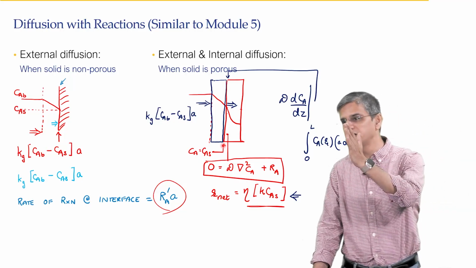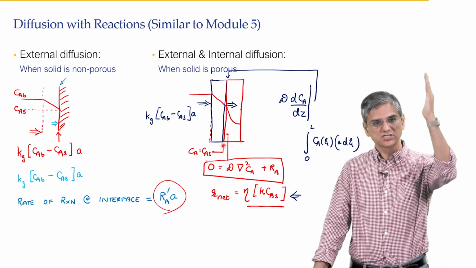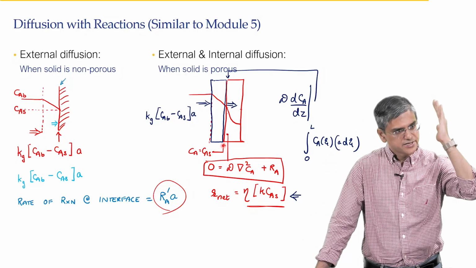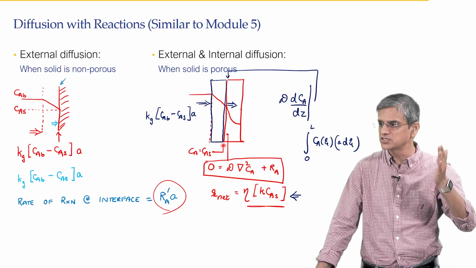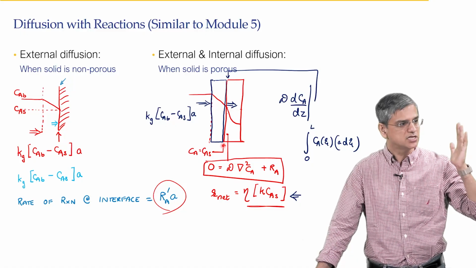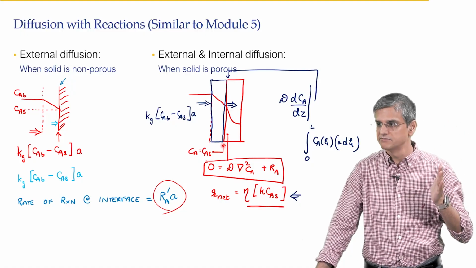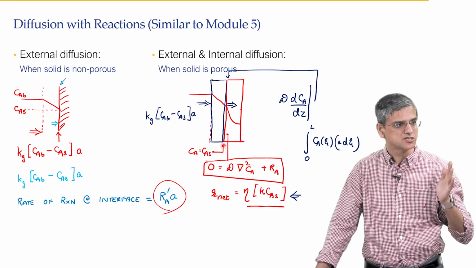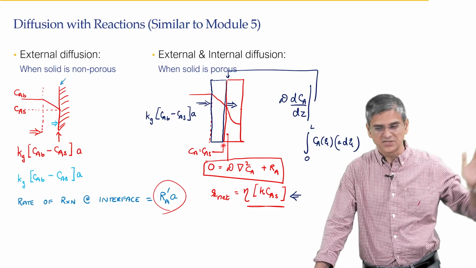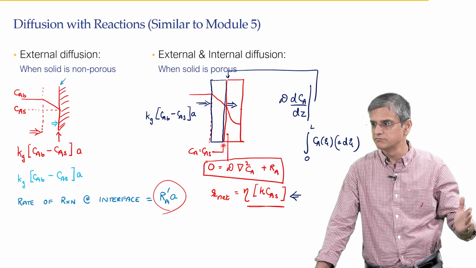How much of A is flowing across the boundary? It's by diffusion, so it's diffusive flux. What is diffusive flux? Diffusivity multiplied by dCA by dZ, Fick's law. That's the flux through that boundary.